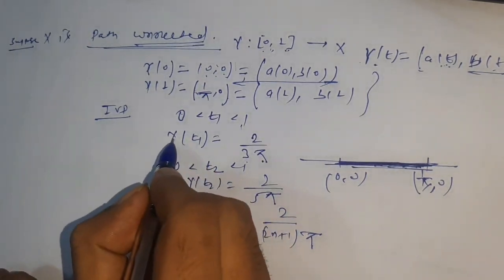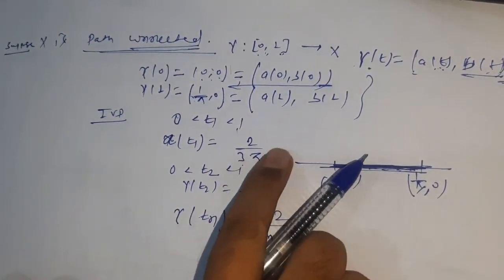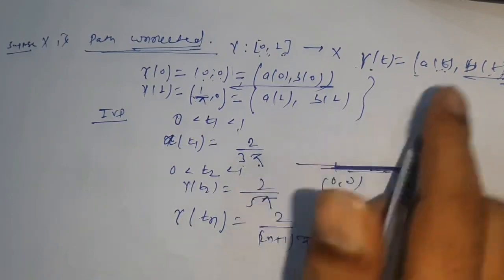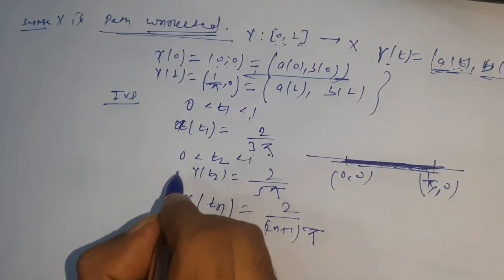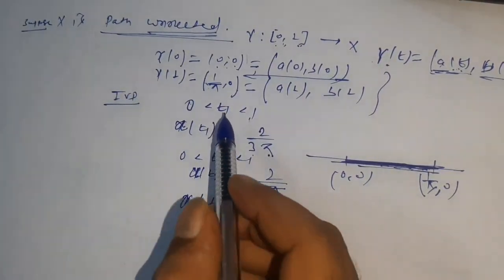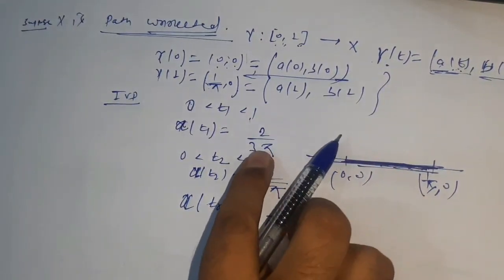Actually here it is not gamma t1, it is a t1, because this is the x coordinate of the set X. Also it is a t2, not gamma t2, because gamma t is a coordinate pair, not a single element.